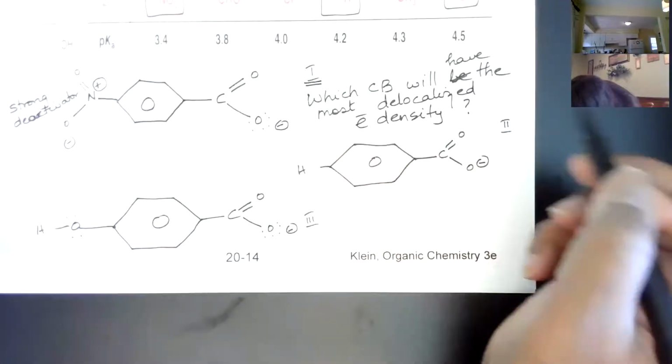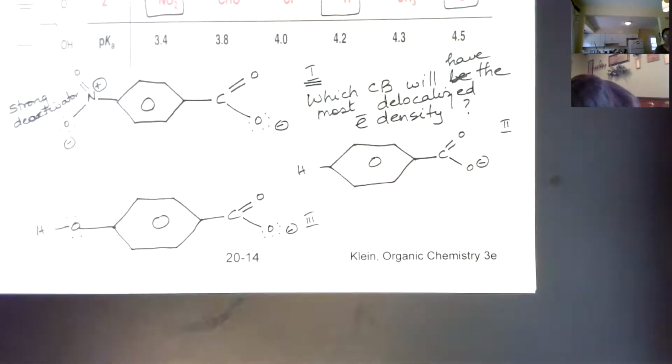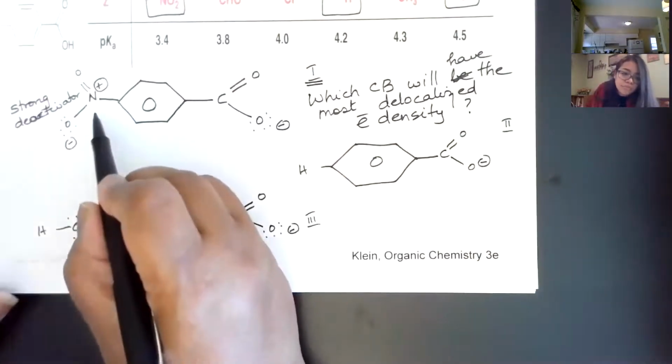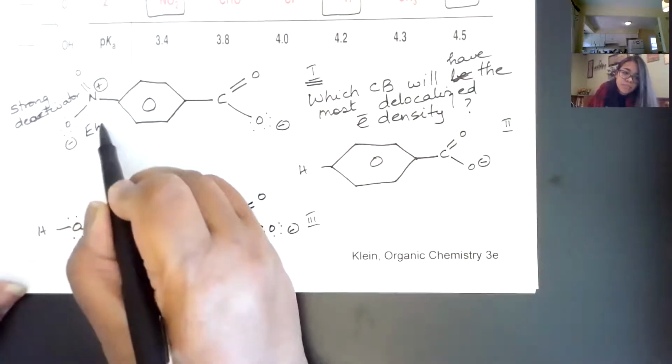The first one. Which one will have the most delocalized electron density? The first one. Why is it the first one? The nitrogen. That's right. Okay, so this is like your electron withdrawing group.